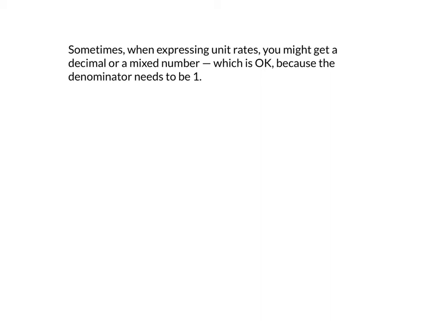Let's say someone goes for a walk, and they walk 13 miles in 4 hours. Well, I could figure out how many miles they are walking per hour. In order to do that, I would need to divide by 4 over 4. So I change that 4 hours to a unit time of just 1 hour.